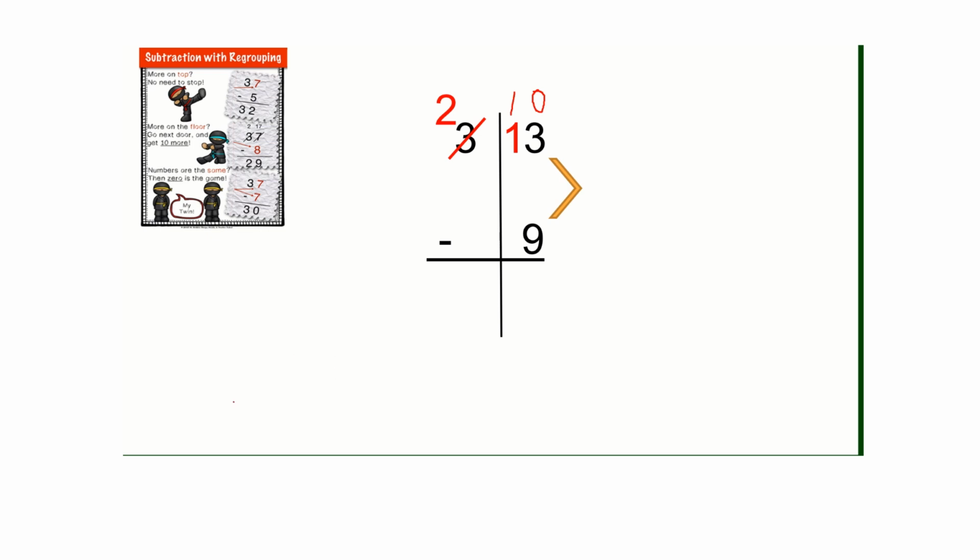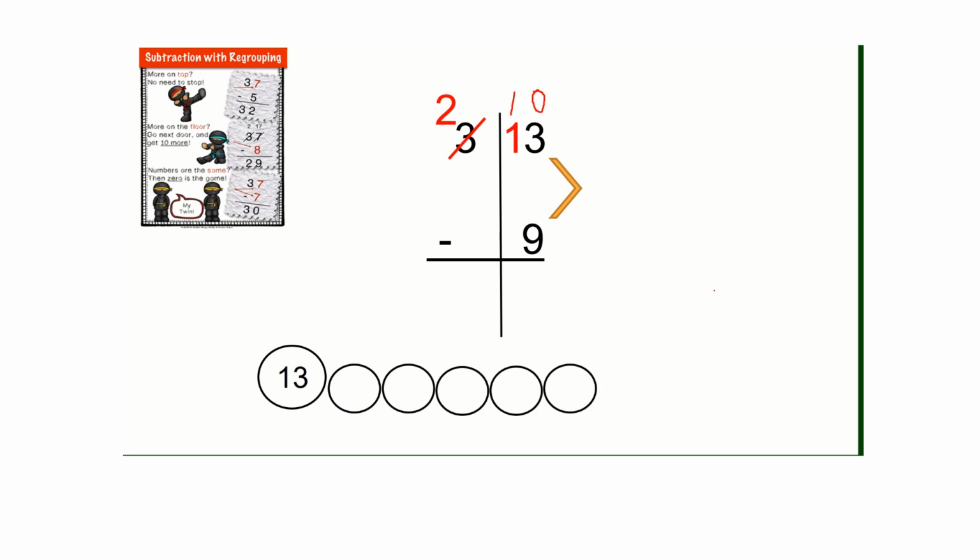So I'm going to draw a big circle. Inside my big circle, I'm going to put my big number 13. My second number is 9, so I'm going to draw 9 small circles. 1, 2, 3, 4, 5, 6, 7, 8, and 9. So I drew 9 small circles.